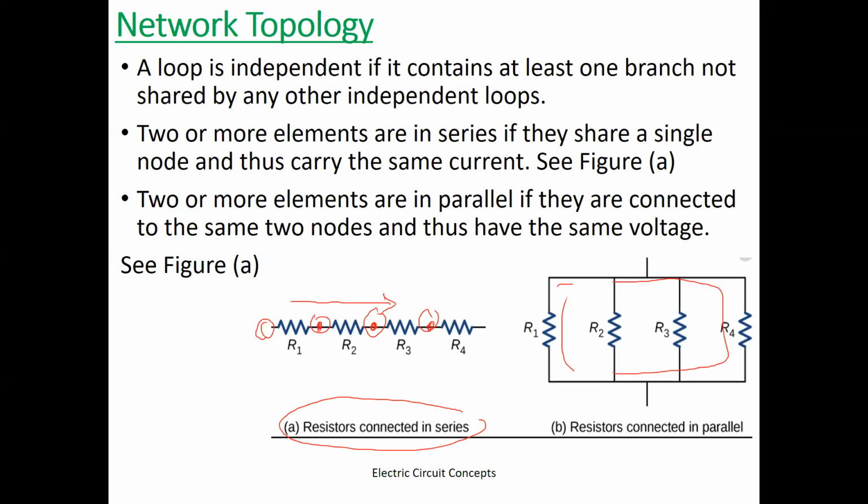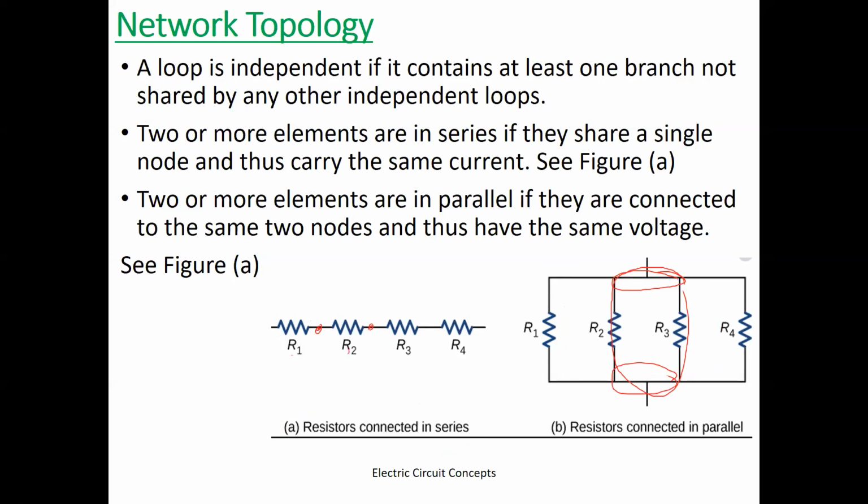Now for this one, if you look down here, this is one node, this is one node. So both of them share two nodes, while in the other case they share only one node.